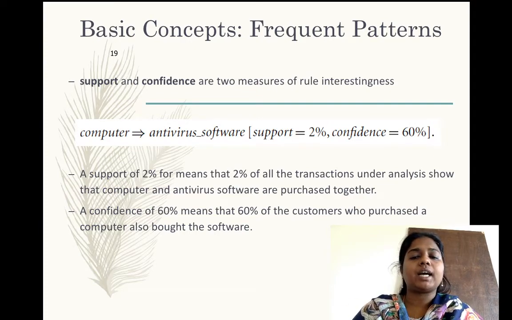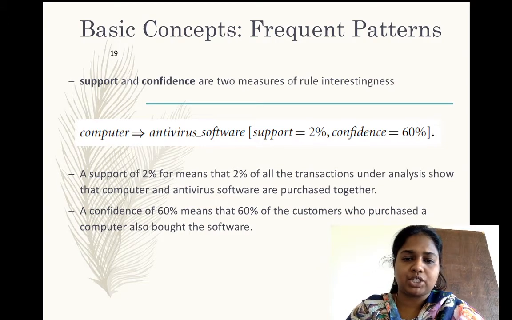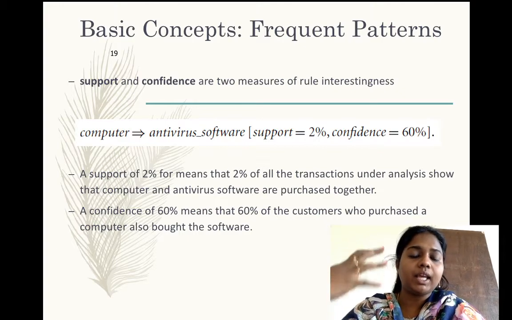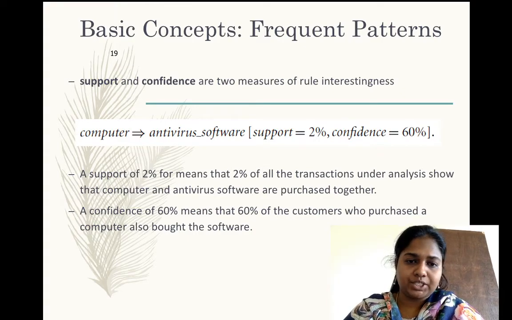In that case, I can define my support value to be 2%. So 2% of the entire transactions had both computer and antivirus purchased together. That defines the measure of how many times this pattern repeats in the entire set of transactions.